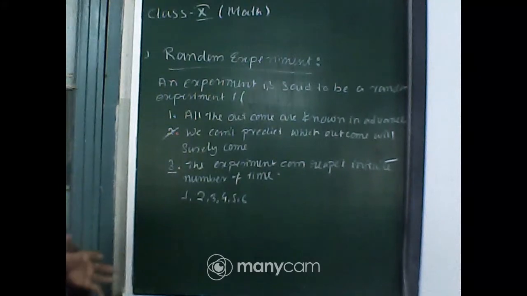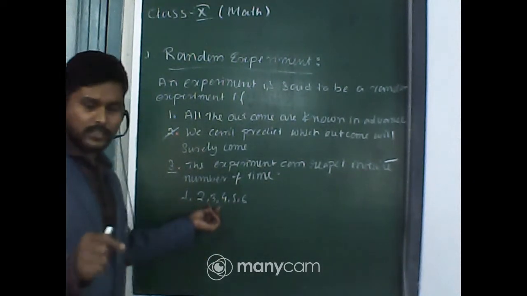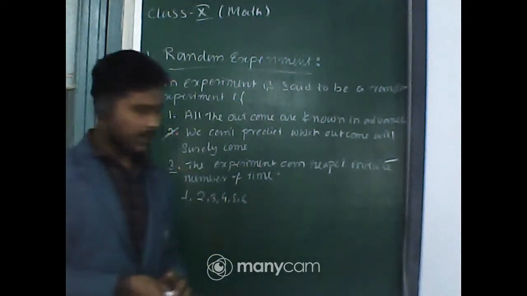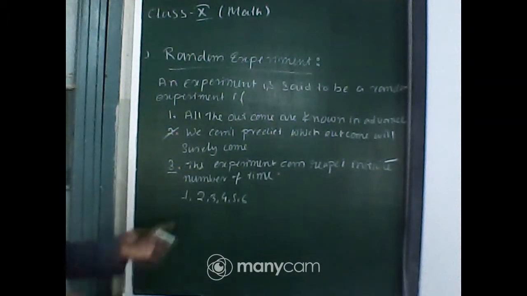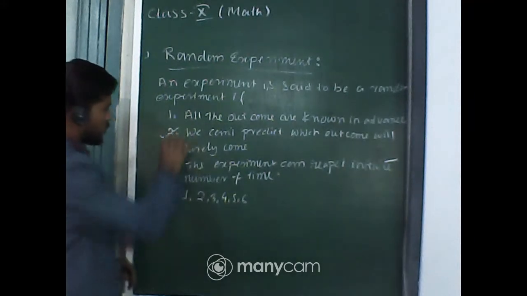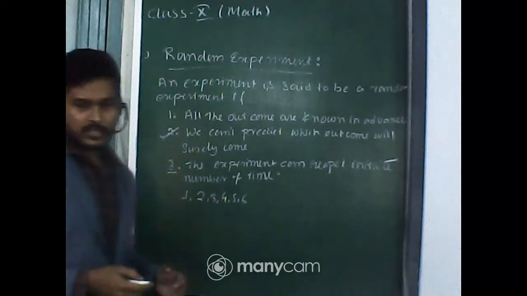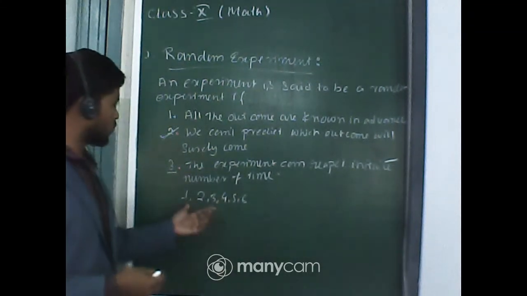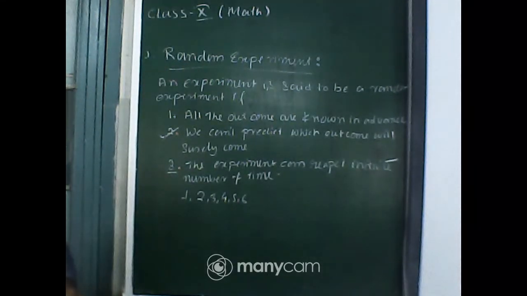But can you surely tell me that 3 will definitely occur? Before throwing the die, can you predict that the result will be 3 or 4? No. So it satisfies the second condition also. And the third condition is the process we can repeat infinite number of times.